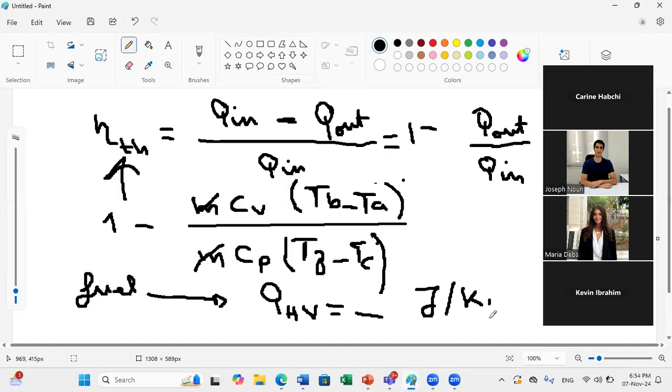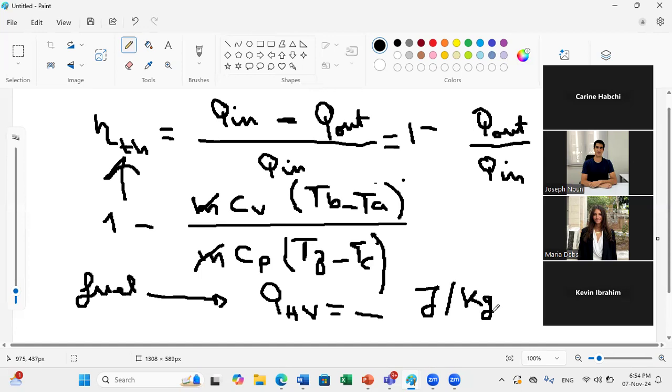Okay, so each fuel is characterized by its heating value. And if you remember, we discussed that you have an upper limit for the heating value and a lower limit for the heating value. What is the difference? We know that each fuel contains a certain amount of humidity. So whenever it burns, a certain proportion of this heat will go to evaporate water.